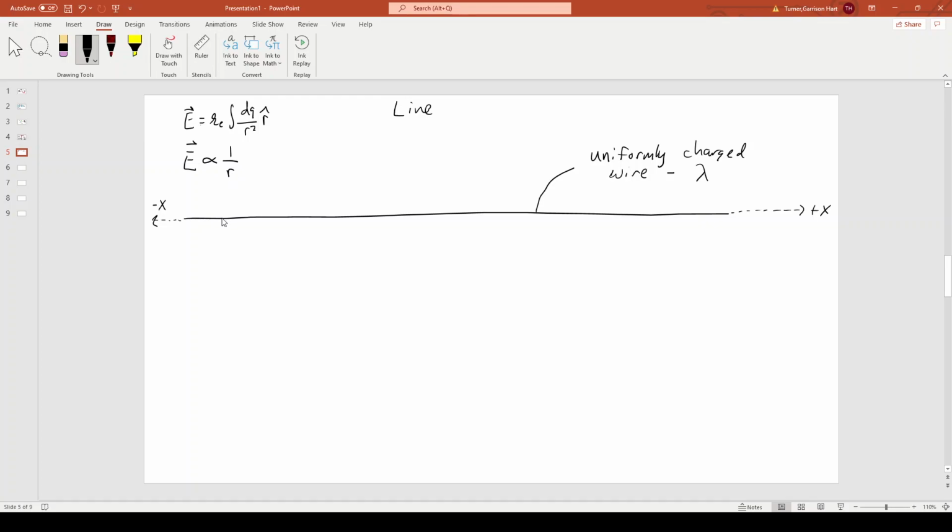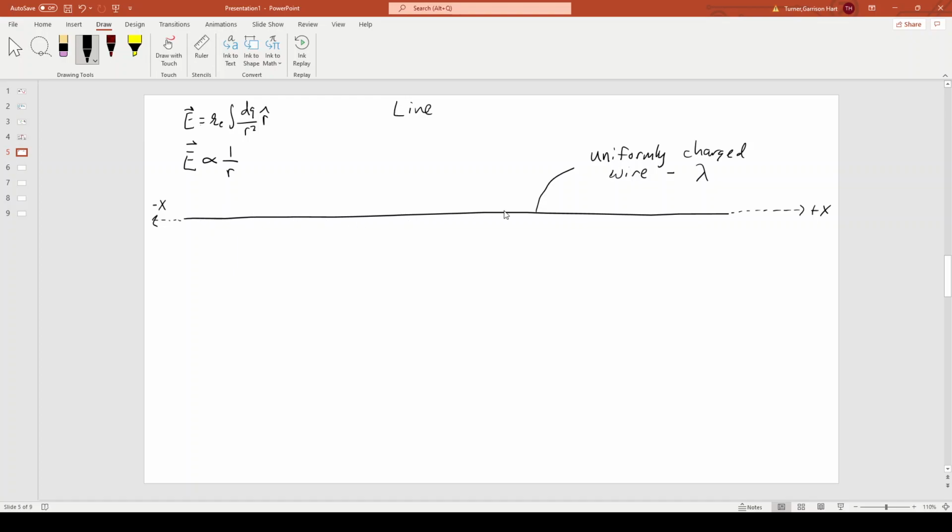It's proportional to 1 over the distance, not 1 over the distance squared. So this is the behavior that we want to replicate using Gauss's law.